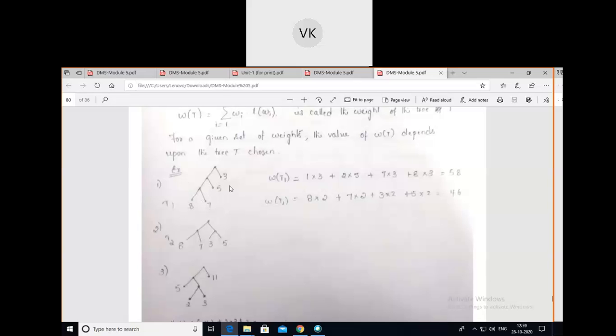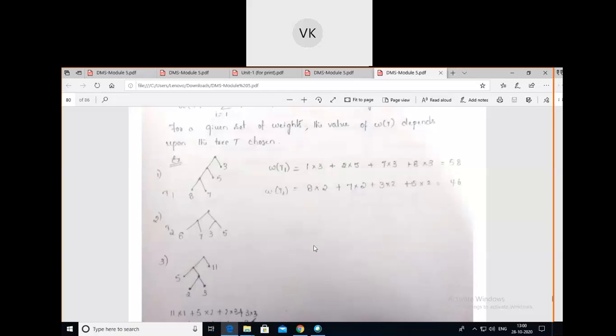After calculating the weight of the tree, we see which specific weights contribute to the least weight of the tree. Then that tree we are going to call an optimal tree. A tree which has the least weight, we are going to call an optimal tree.